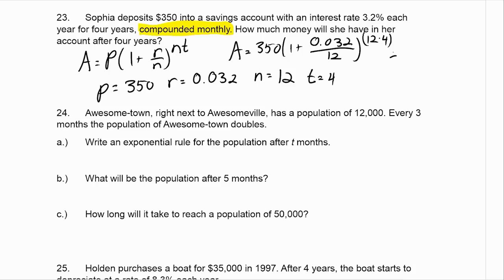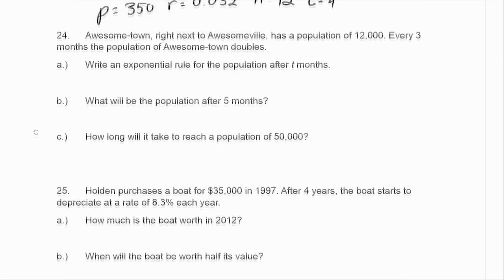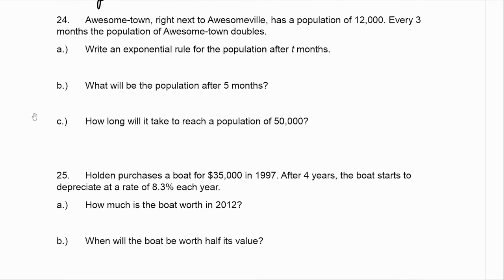Then you should be able to get your value: 397.726. Since we're talking about money, we round to the nearest cent, so it's 73 cents. So $397.73.